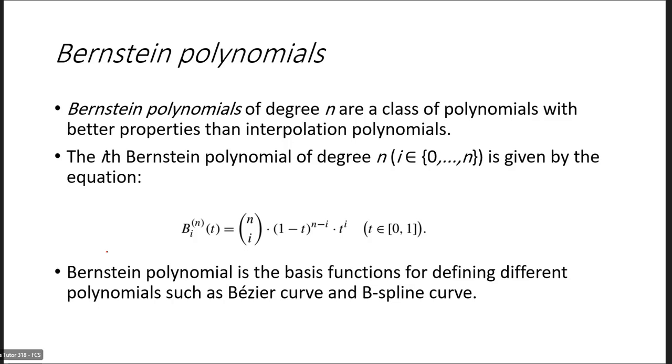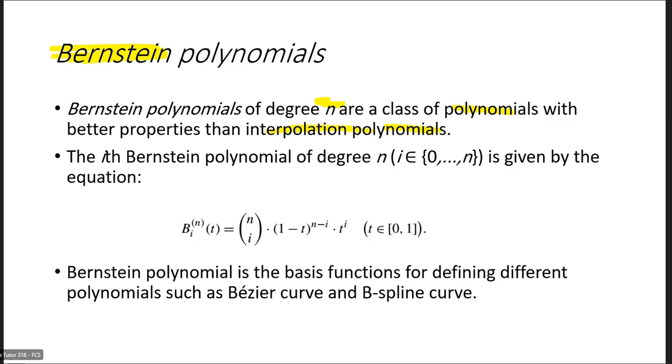Now let's see another alternative: the Bernstein polynomials. Bernstein polynomials of degree n are a class of polynomials with better properties than interpolation polynomials. Instead of interpolation, we now use approximation.